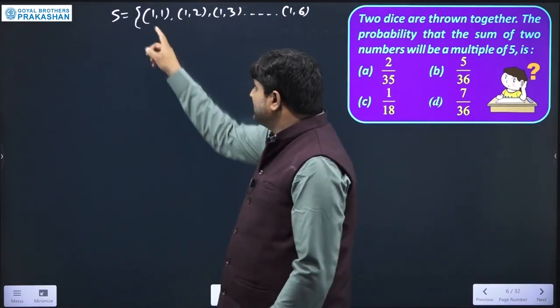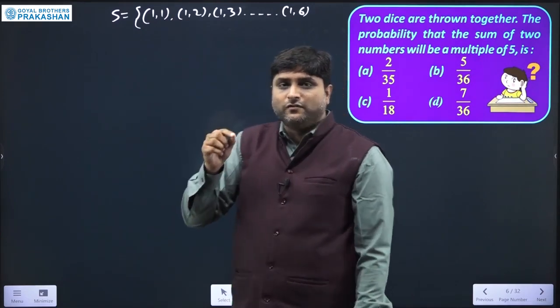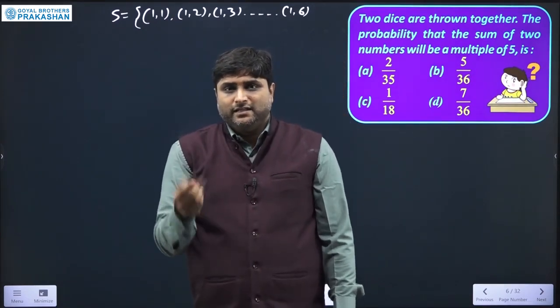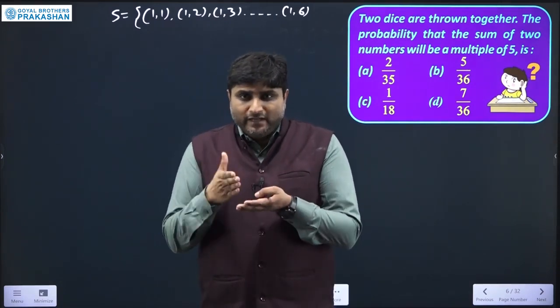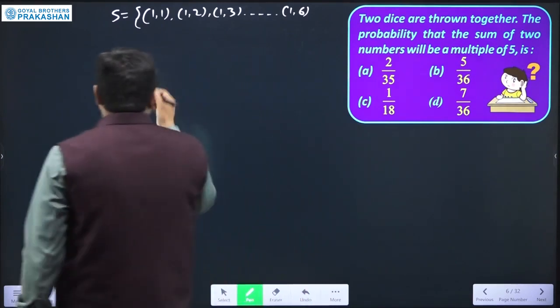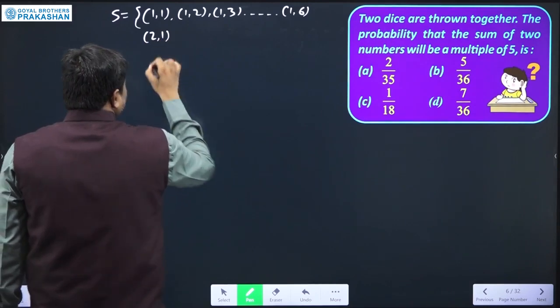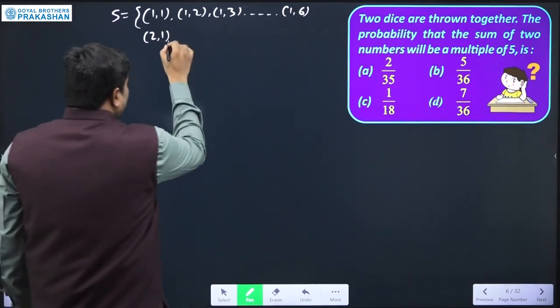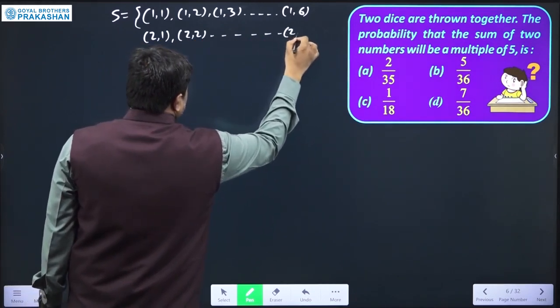If I fix 1 in first die, then there are 6 possibilities of number in second die, that is 1, 2, 3, 4, 5 and 6. So with 1 in first dice, there are total 6 possibilities. Similarly, if I fix 2 on first, then on second dice number may be 1, then number may be 2 up to 6.